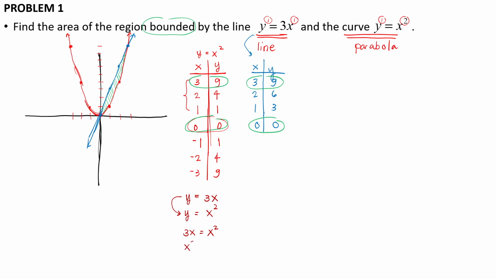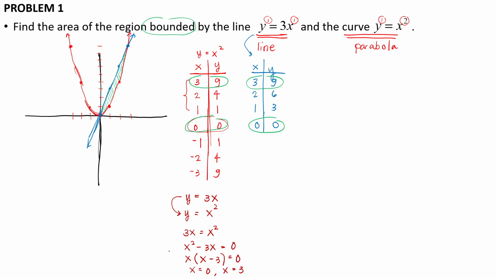Then you have x squared minus 3x equals 0. Factoring out x, you have x times (x minus 3) equals 0. The first x is at 0, the second x is at 3.